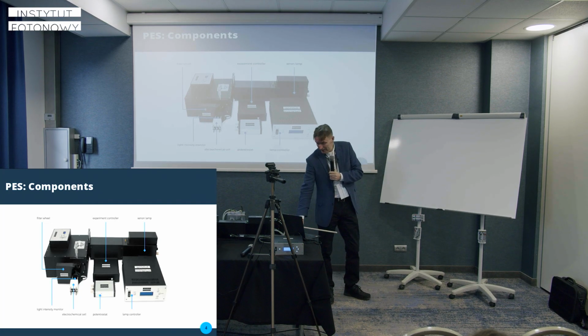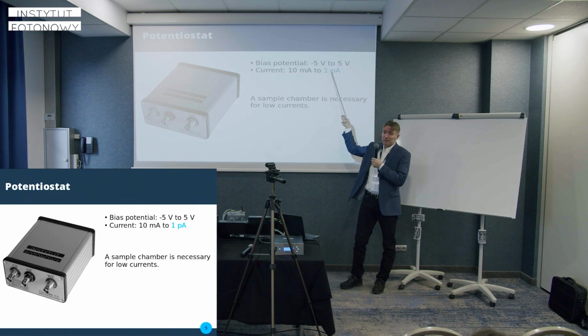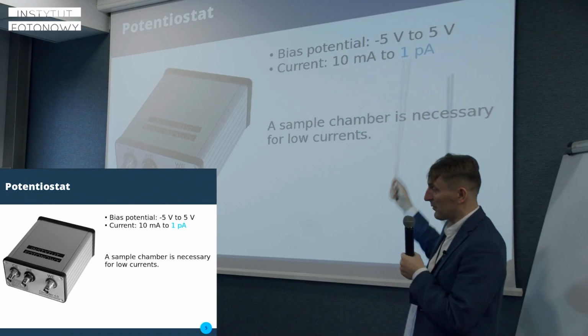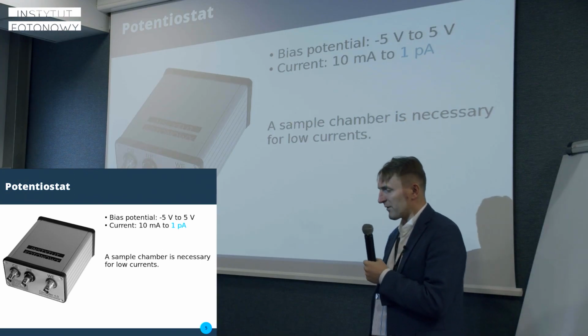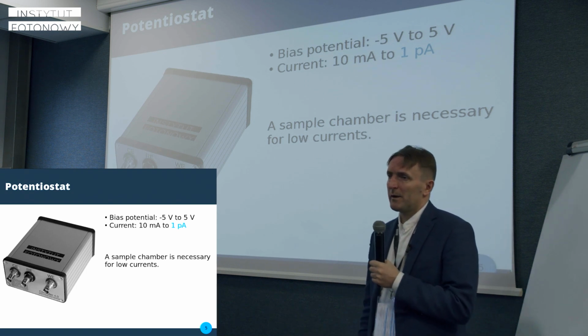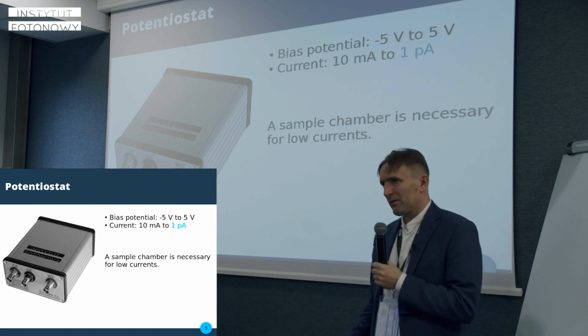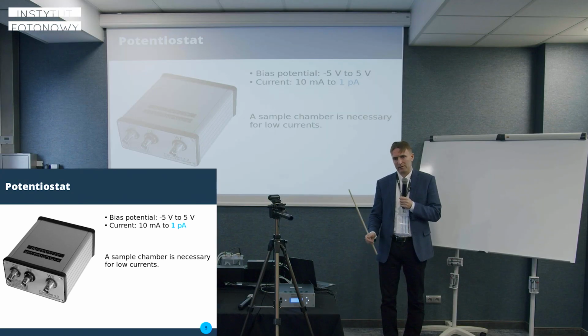All right. Then the potentiostat has the following capabilities. It is a small device. It can provide you with bias potentials from -5 to 5 volts, and you can measure currents down to picoamperes, even lower than this, but 1 picoampere is the number to keep in mind.